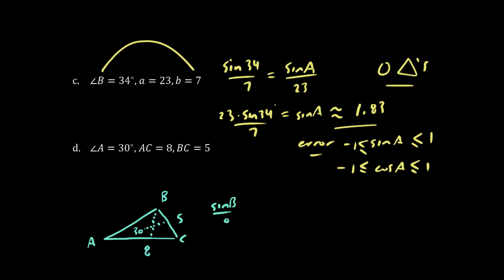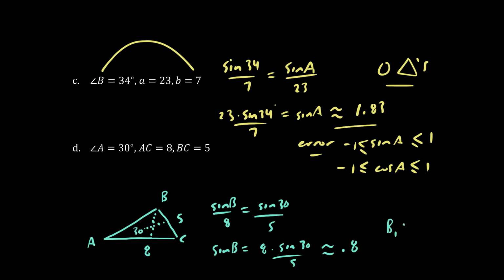So we'll say sine B over 8 equals sine A, which is 30 degrees, over 5. Thus, sine B, multiplying both sides by 8, is 8 times sine 30 over 5, which is about 0.8.